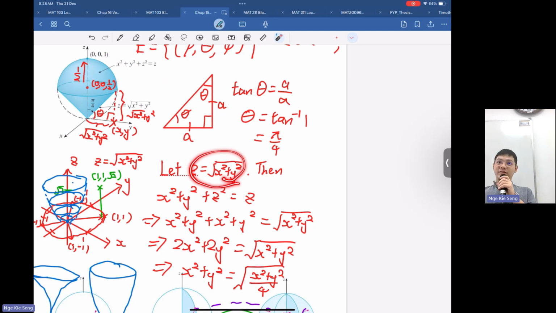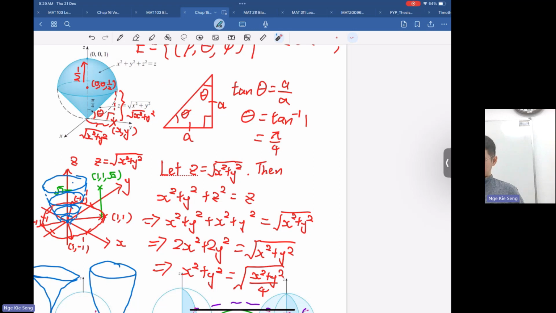Are you trying to fix the z? Yes, we can just directly substitute z in x squared plus y squared equals z squared and solve for z. What do you mean by plug in z?